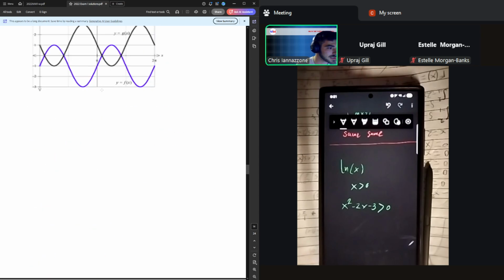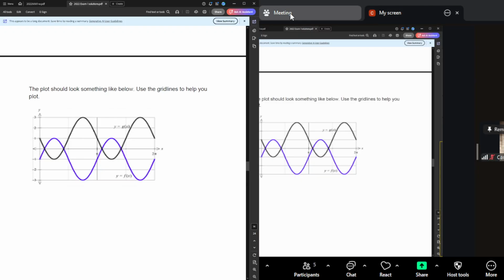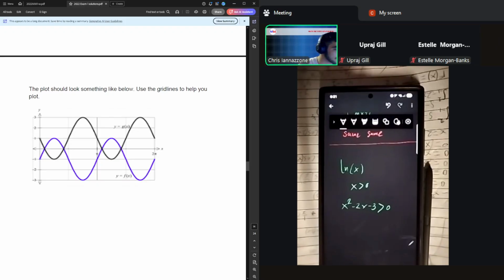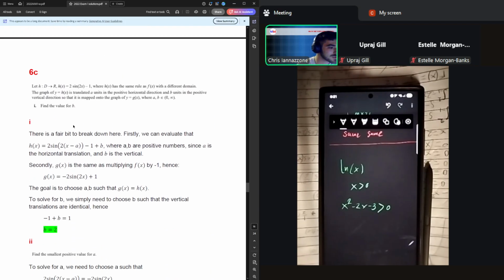So basically, yes, just shifting this up isn't going to get it a perfect overlap. That's where the horizontal is going to come in. Basically, you would see, I need to get this blue line, you want to get the blue into the black. And if you can only do a vertical thing, then you want to get it up to that bit there. So up by 2, B is going to be 2. Perfectly valid to do that. It's a 1 marker.